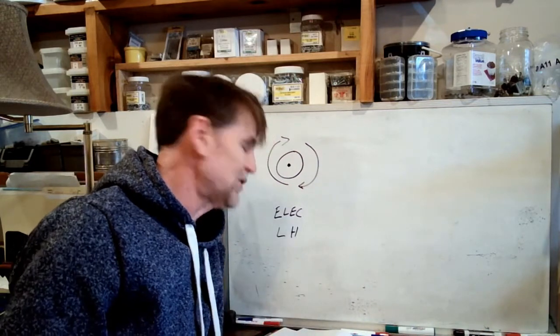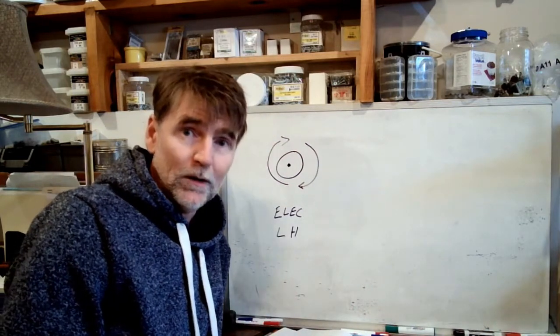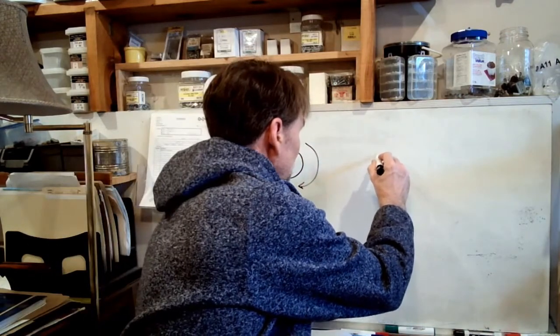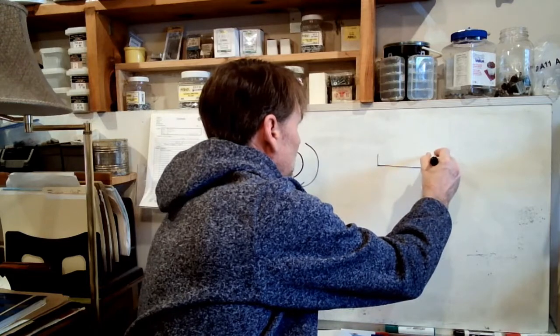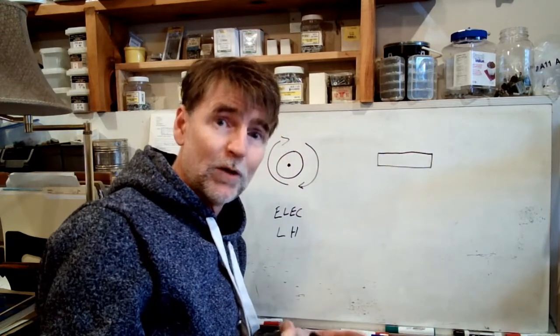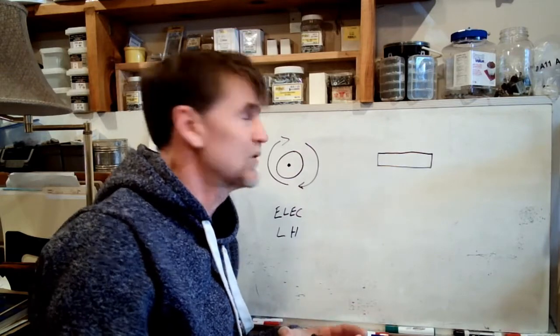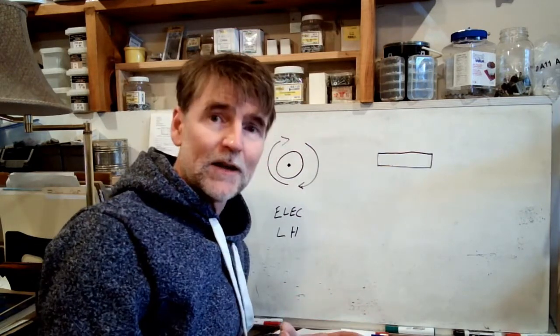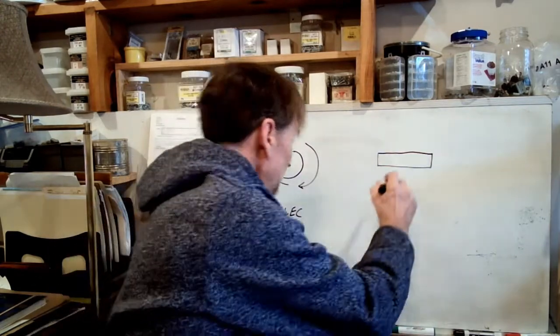Now page 2 is the coil hand rule. To draw a coil, first we're going to draw a core. That is the highly permeable core, the ferromagnetic material, some kind of soft iron, which we're going to wrap the conductor around to create a coil.